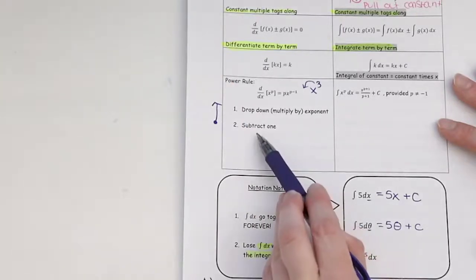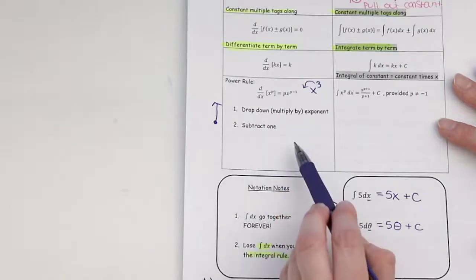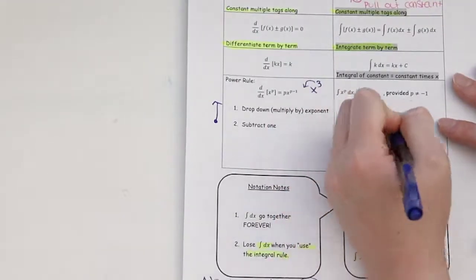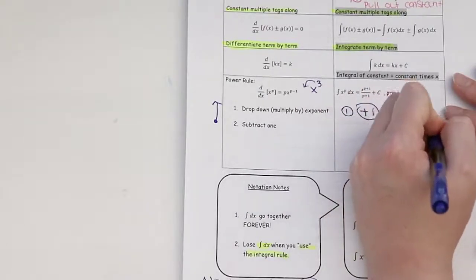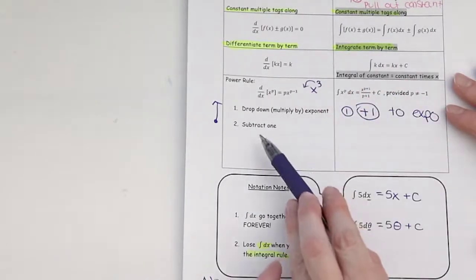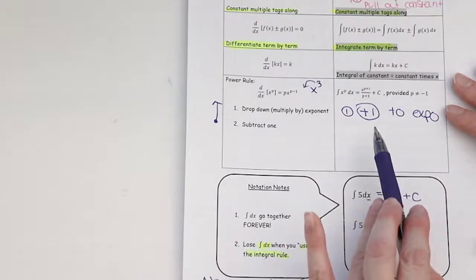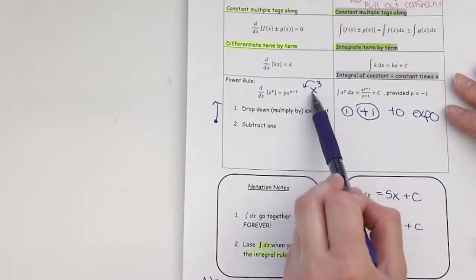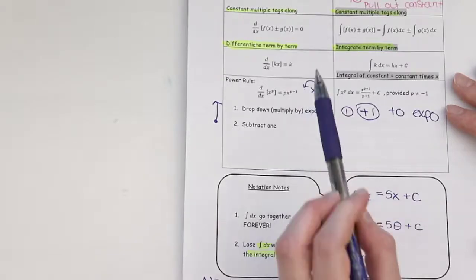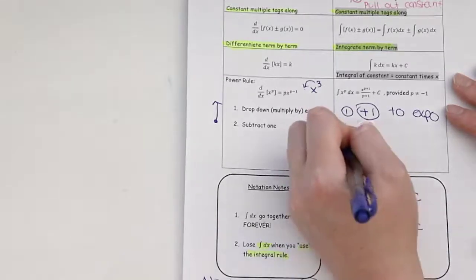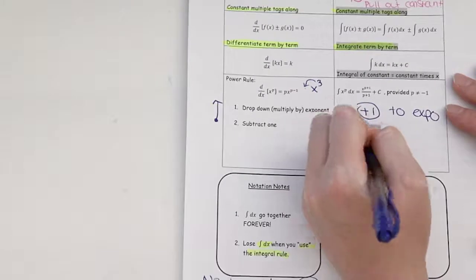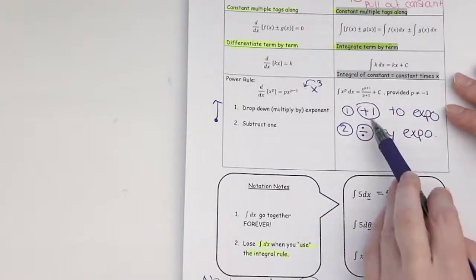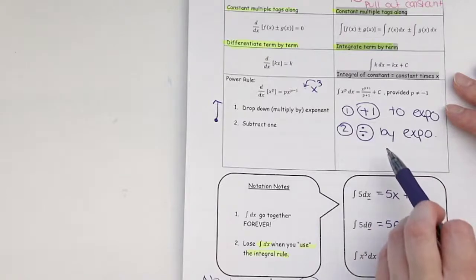So instead of subtracting 1, we have to do the opposite of that, and that would mean that we add 1 to the exponent. Okay, so the opposite of subtract 1 will be add 1 to the exponent. Now before, we multiplied by the exponent. That was the whole drop it down. That changed into multiplication. Now what we're going to have to do is divide by the exponent. Okay, so we add 1 to the exponent and then divide by the exponent.